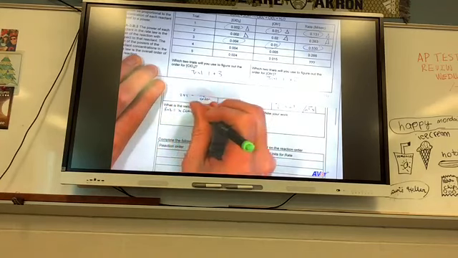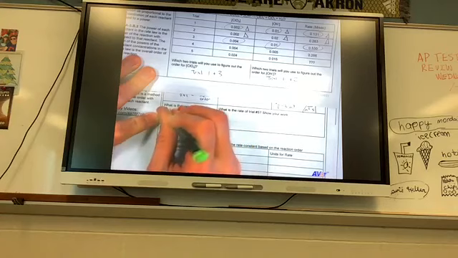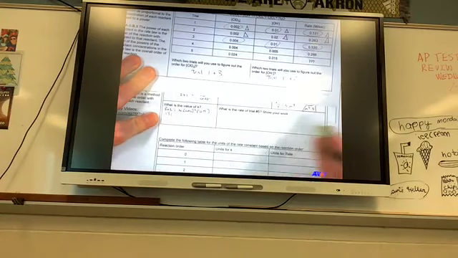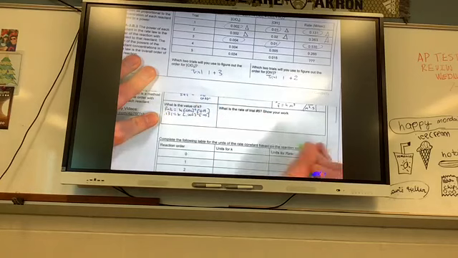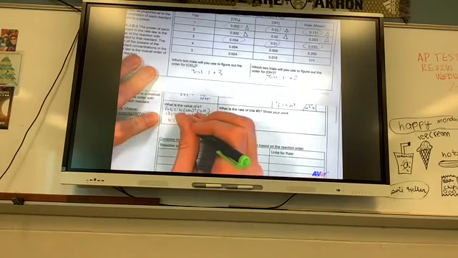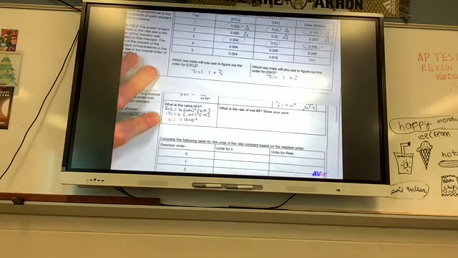Sub in my numbers, 0.131 from right here equals K times 0.002 squared times 0.01. I'll give you a second to solve that. Pause, solve for your K. I got 3.28 times 10 to the 6 for my K.